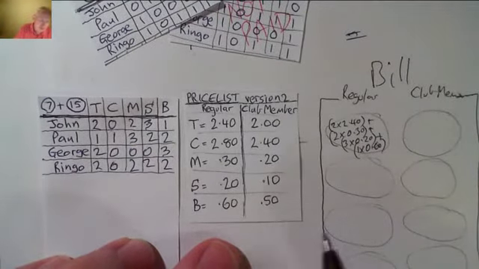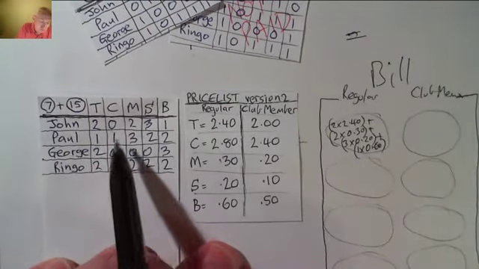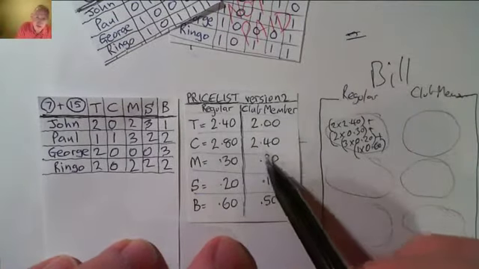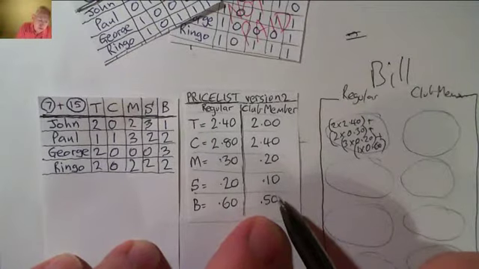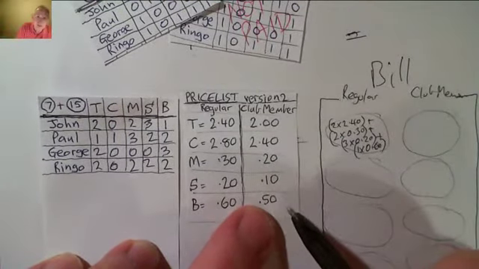So the next thing I would do is say, okay, well, before we move down to Paul's row, why don't we move across to this column here, and we'll work out the club membership bill for John if we use these prices instead.